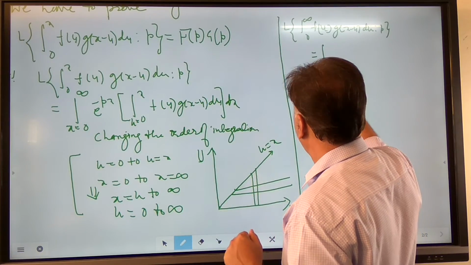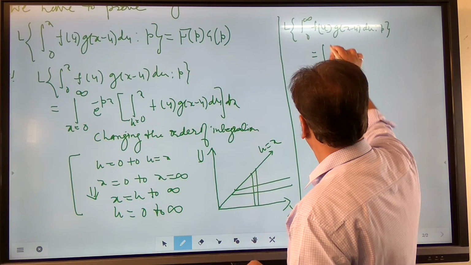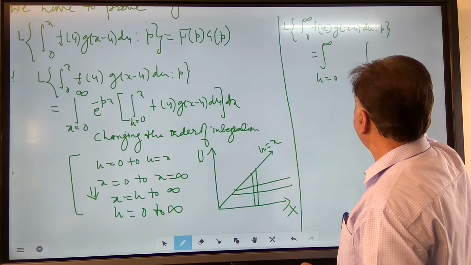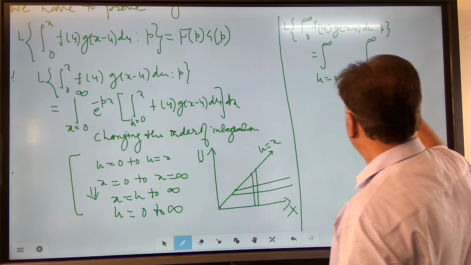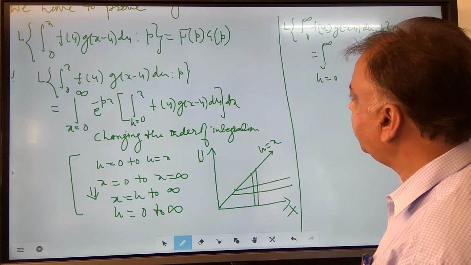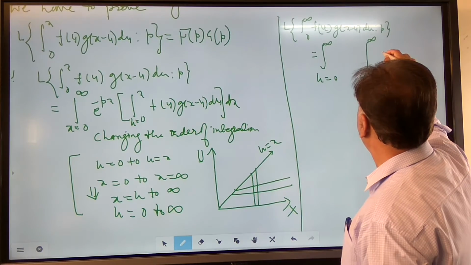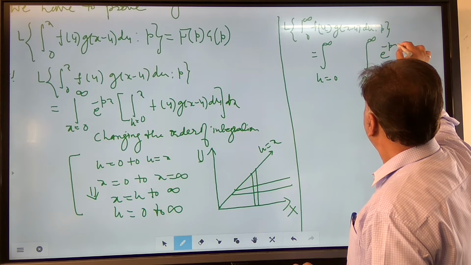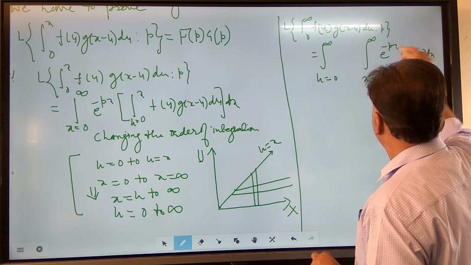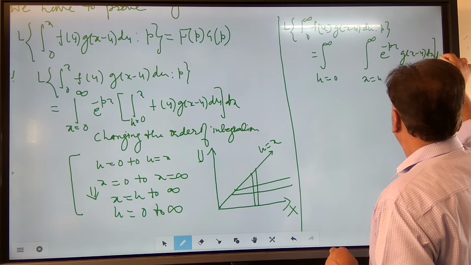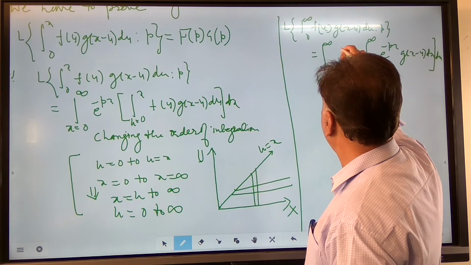So this is the integral where the limits of u are from 0 to infinity and the limits of x are from u to infinity. First the integral of x, that is e raised to minus px, g of x minus u dx, then du, and outside the integral of x is f of u.